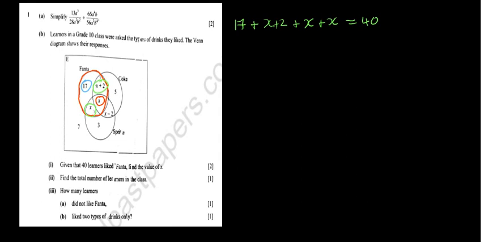Collecting like terms, 17 plus 2 is 19, so this is going to give you 19 plus 3x, giving you 40. So 3x is going to be equal to 40 minus 19.